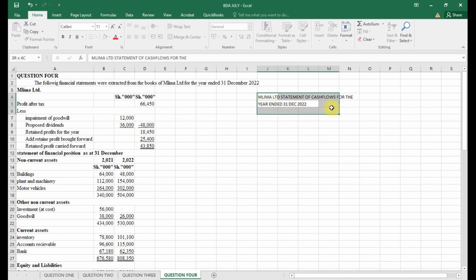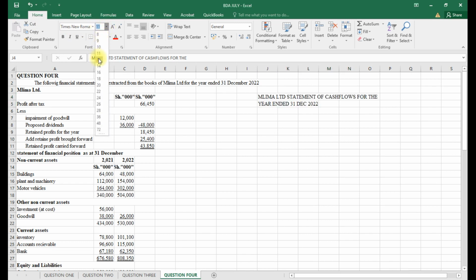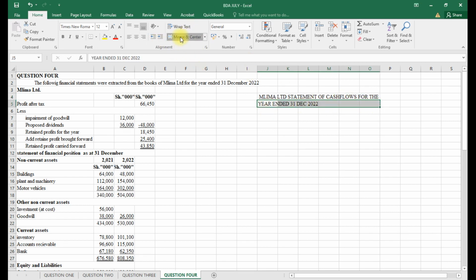I'm using Times New Roman and font 12, with the control bold.